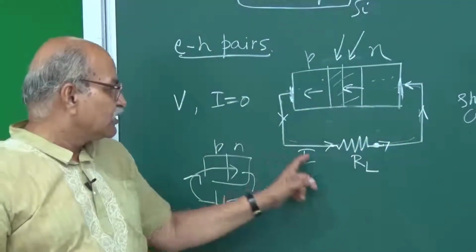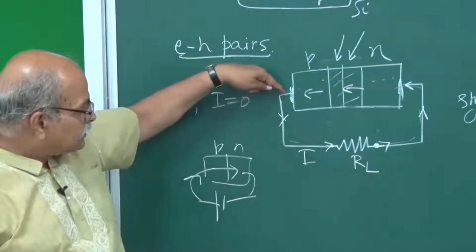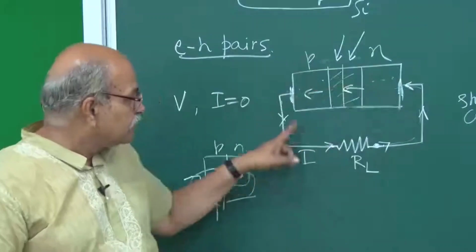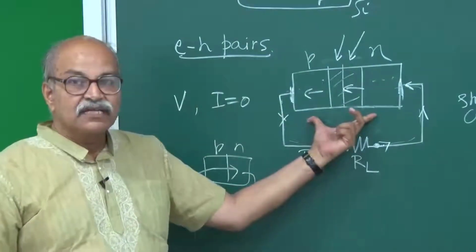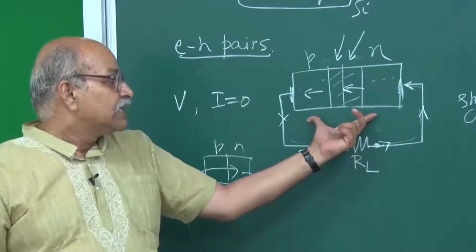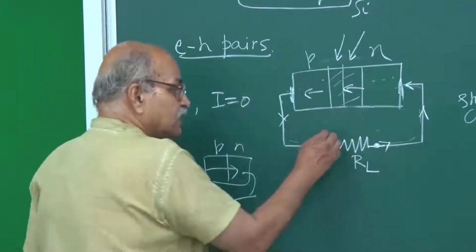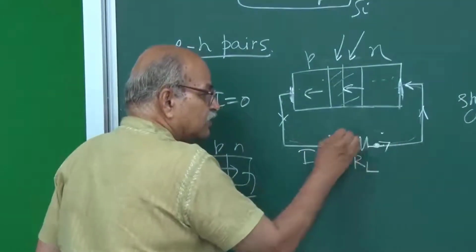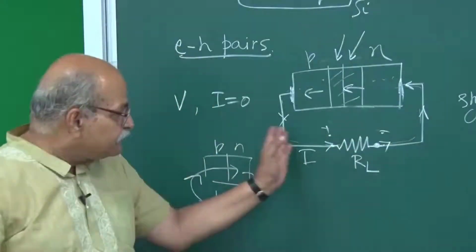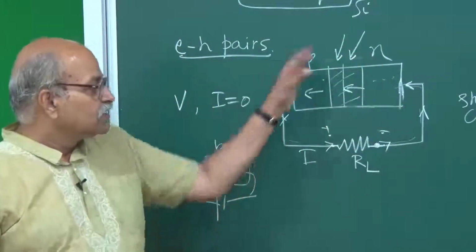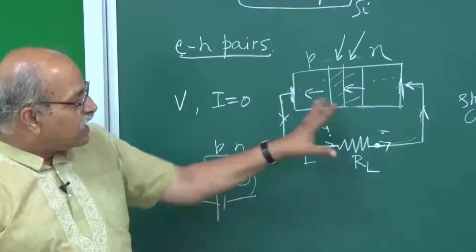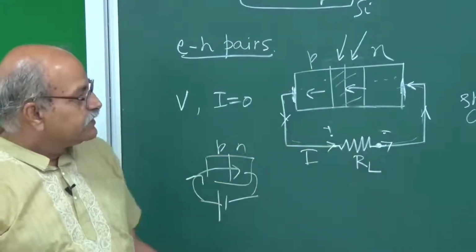And since the current is going this way, you will have a larger potential here, smaller potential here. So you have a potential difference on this p-n junction, as if you have given a forward biasing. This is the higher potential side and this is the lower potential side. So because of that the current will be changed.